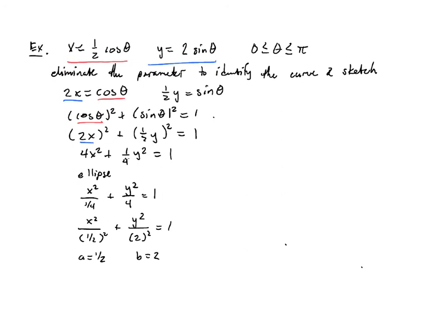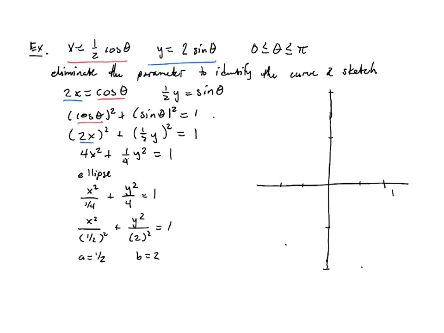So our sketch here, and if this is 1, then for my x width I need to use 1/2, and then my height, trying to draw this to scale, will be 2. There's 1 and there's 1/2.